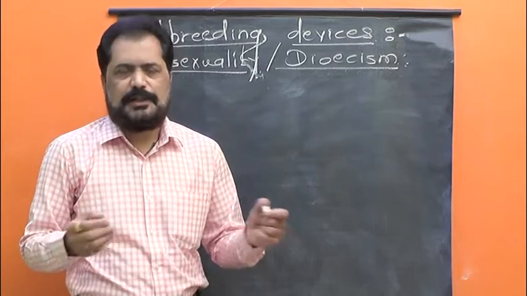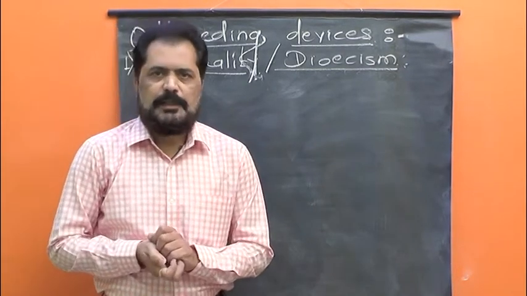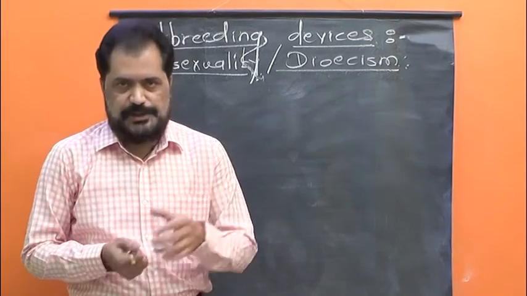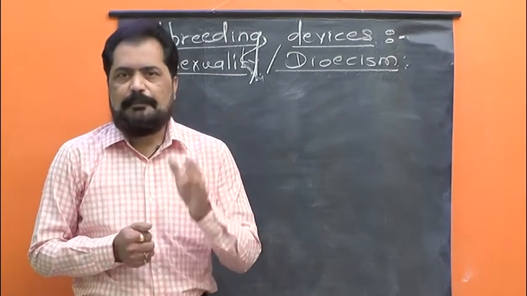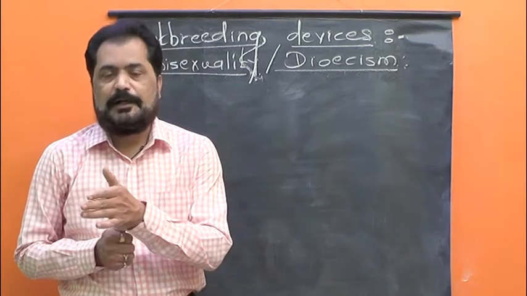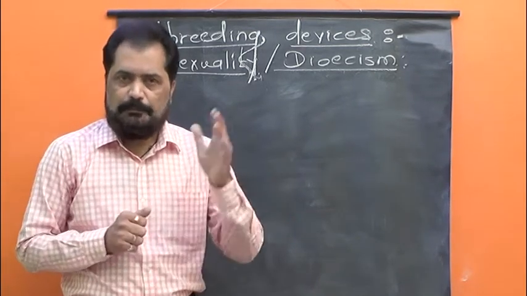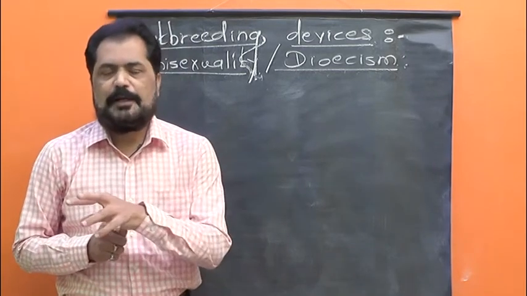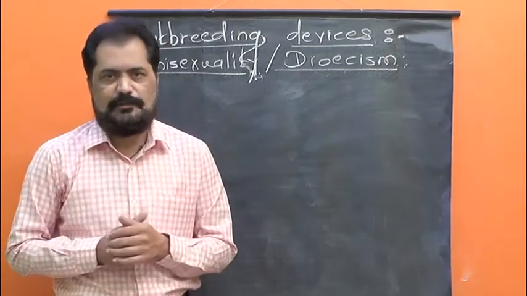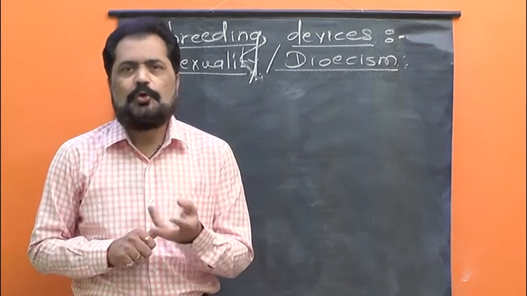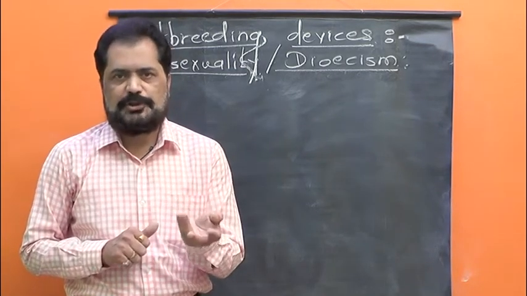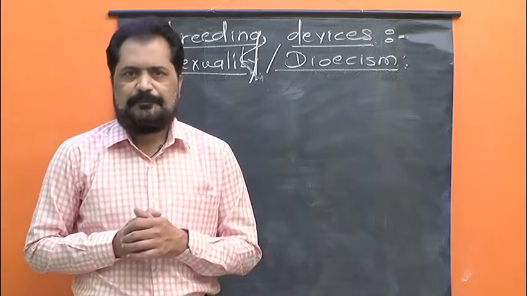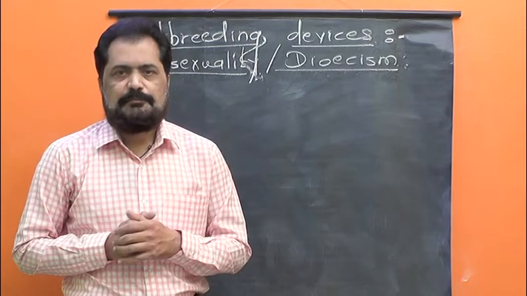It is the mechanism in which the plants are dioecious, that is, the male plant and female plant are separate. Male plant produces only male flowers, female plant produces only female flowers, and thus there is no chance of self-pollination and cross-pollination is obligatory.